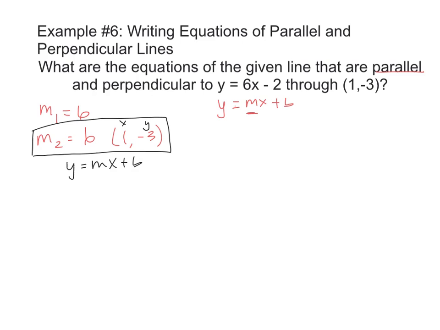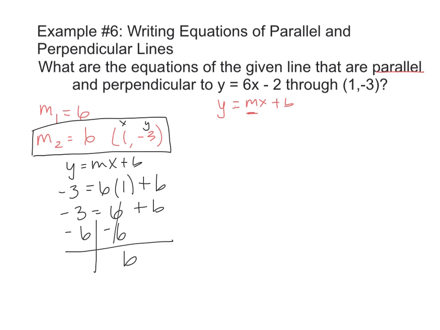So here we go. Y is negative 3 equals 6 times 1, because that's our x, plus b. Be careful because 6 and lowercase b can kind of look alike, so pay attention. So negative 3 equals 6 plus b. I'm trying to get b by itself, so remember, in order to move, I'm going to subtract.